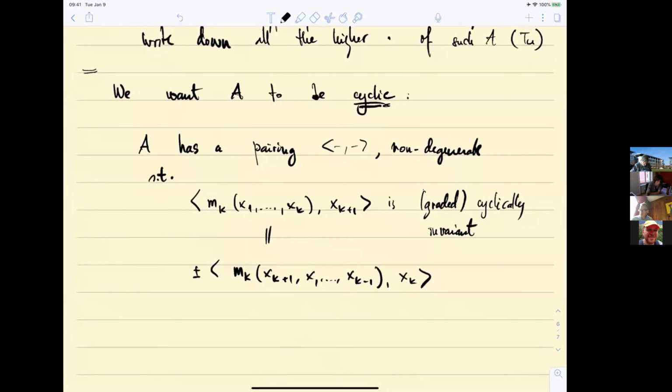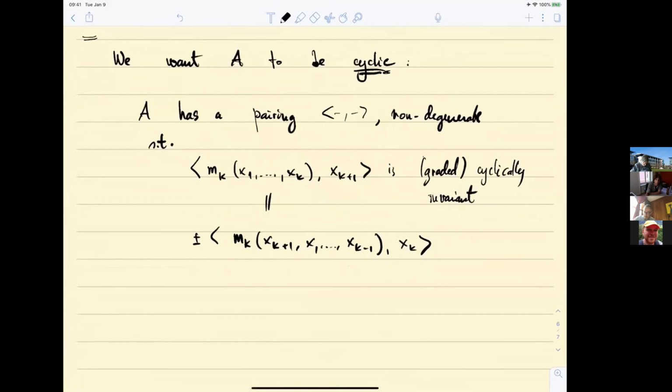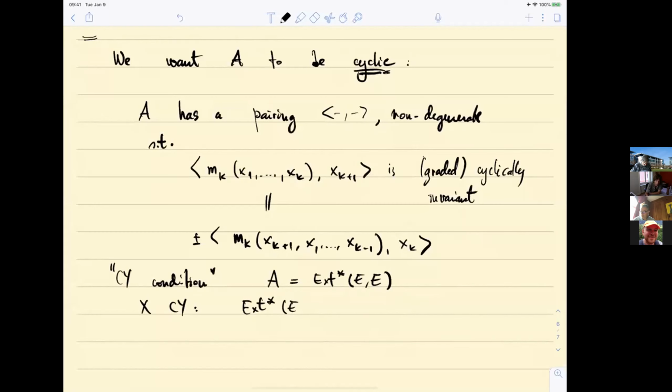The way you should think about this condition is this is the Calabi-Yau condition. And the reason for this is because if you remember, my algebra A was, at least on the face of it, just Ext star of E, E. And if X is Calabi-Yau, I know that there is a Serre duality pairing Ext star(E,E) tensor Ext star(E,E), maybe with a shift by d or something like this, going to the ground field.